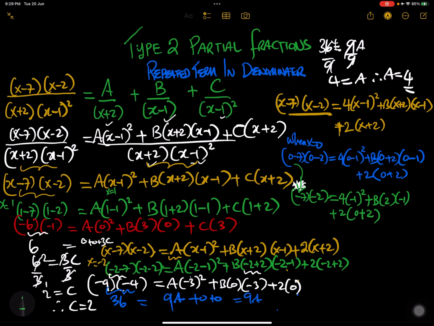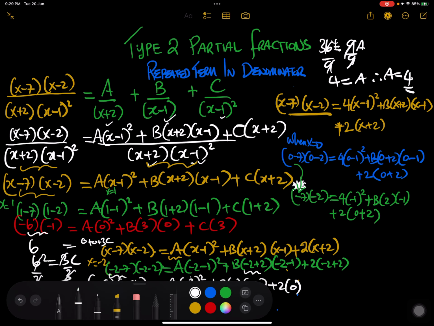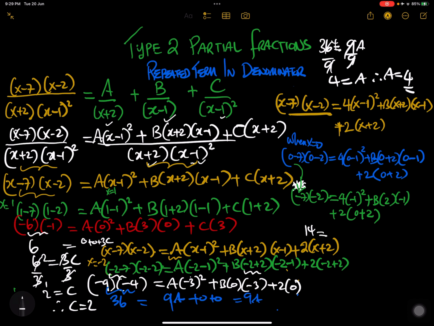Now we can find a way to simplify this. The left hand side is giving us 14, which is equal to 4 times 1, which is 4, minus 2b, because 2 times negative 1 is negative 2, times b, negative 2b, plus 2 into 2. And then we get 14 is equal to 4 minus 2b plus 4.